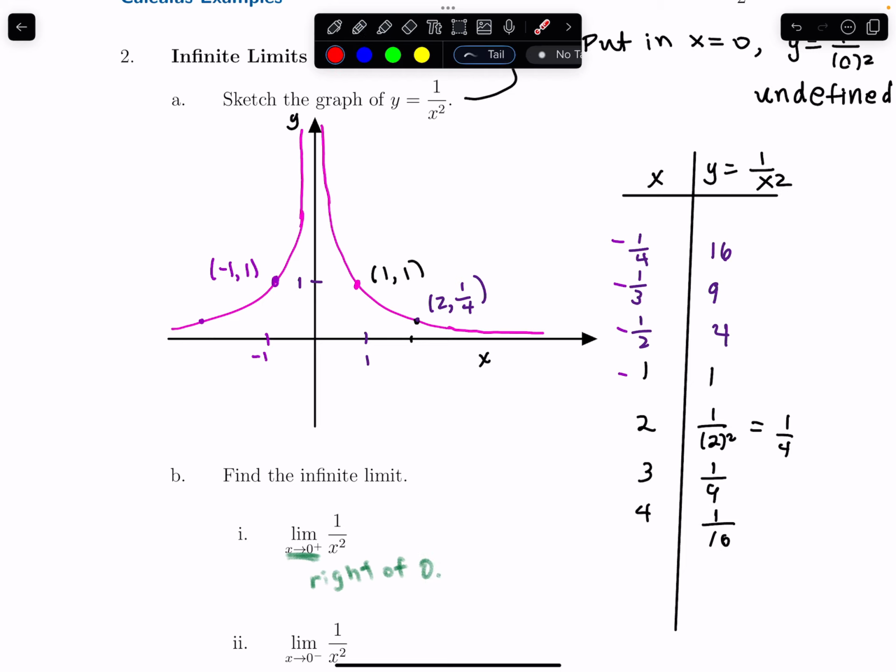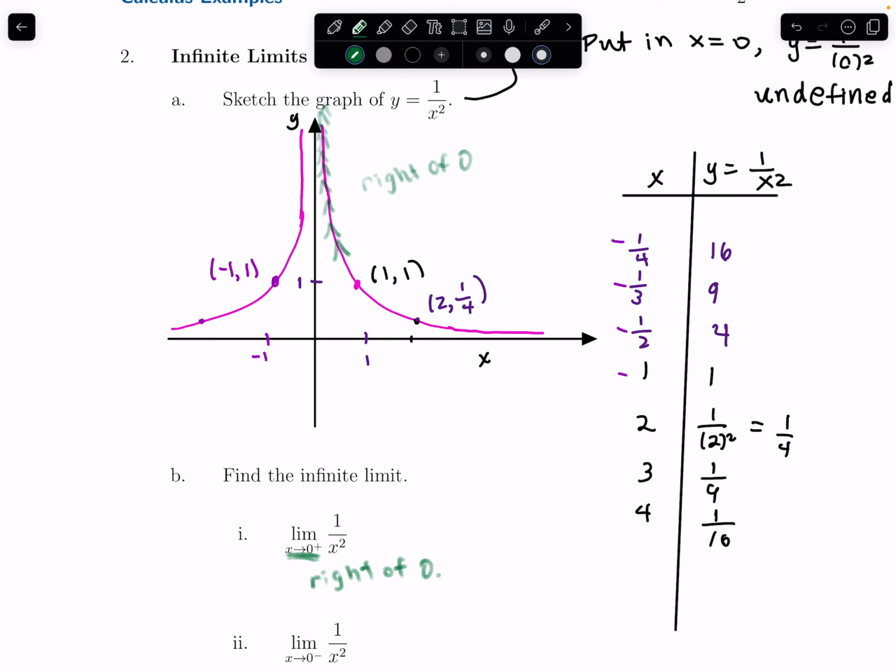Because of this little plus here. See, 0 is neither positive nor negative. An arrow doesn't mean equal, by the way. It means x gets close to 0. X gets close to 0 from the right, and that's over here, right of 0. So from the right, x gets close to 0, and what we see is that the function keeps going up.